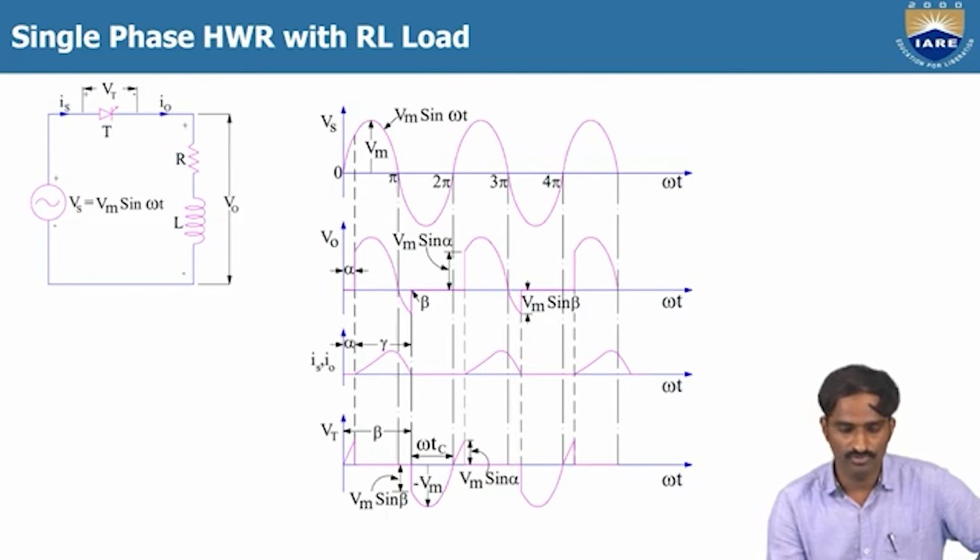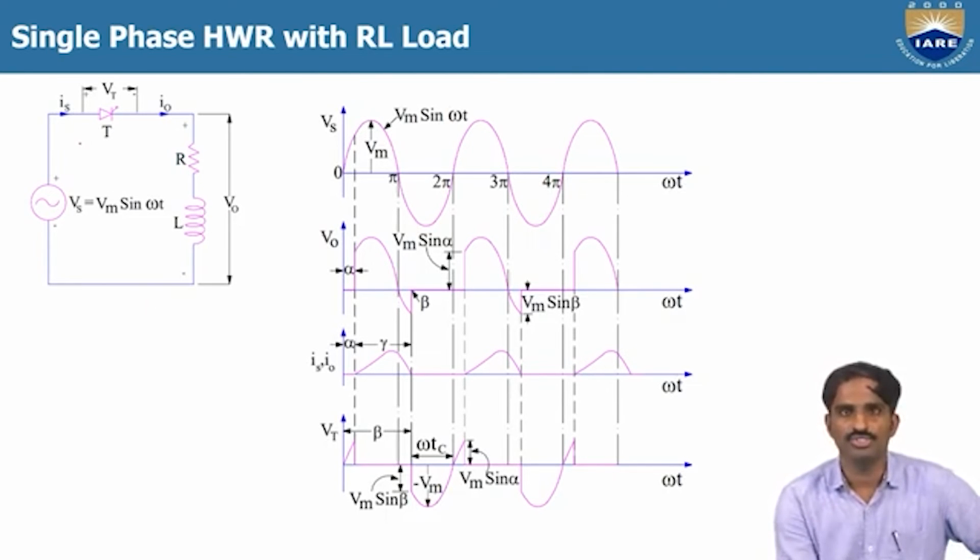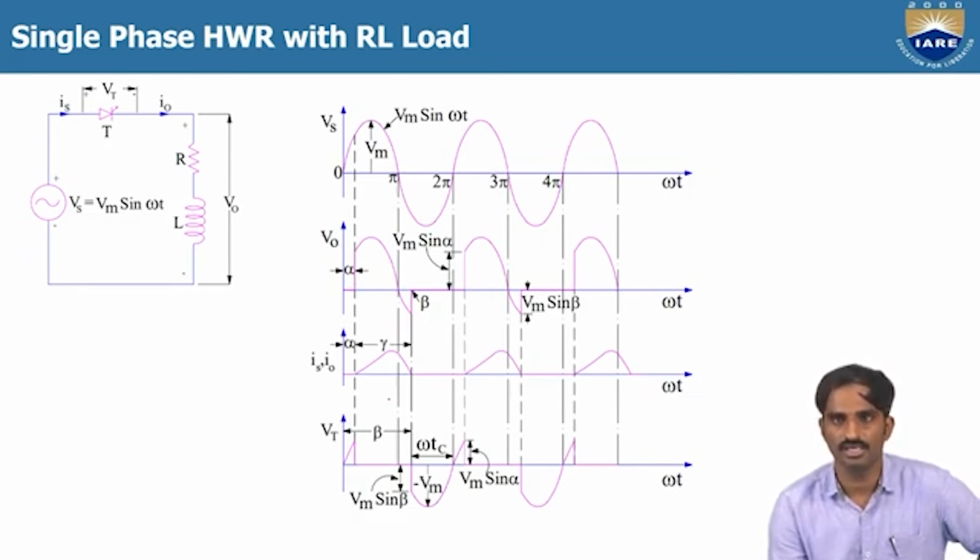The operating procedure is the same. Initially we are giving the positive anode voltage with respect to the cathode, and after firing at alpha degrees we give the firing pulses to the thyristor, then the thyristor will get turned on.